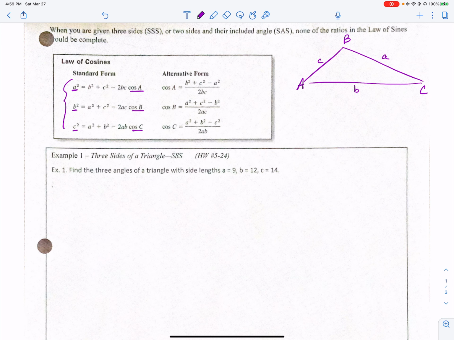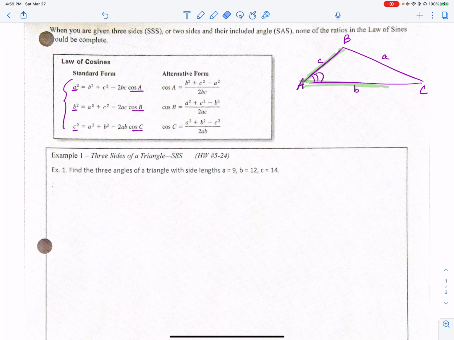And then the other two sides, if this is angle A, so we're looking at this angle, then it's the two sides that include this angle that are being used on that same side. So those are just some relationships that you might want to think about as you work through these.